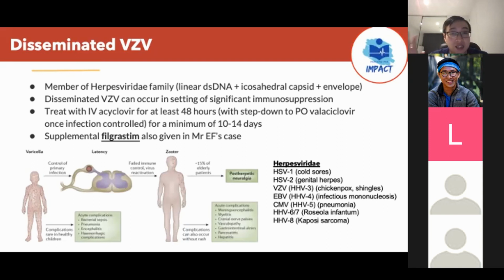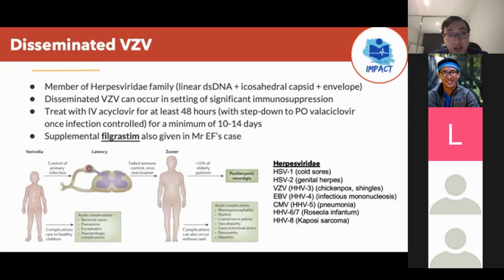And it's only when T cell immunity wanes that VZV reactivates and travels back down the sensory neurons and classically causes painful blisters, which we call zoster or shingles, in the entire area of skin that's supplied by that affected dorsal root ganglion, also called a dermatome.